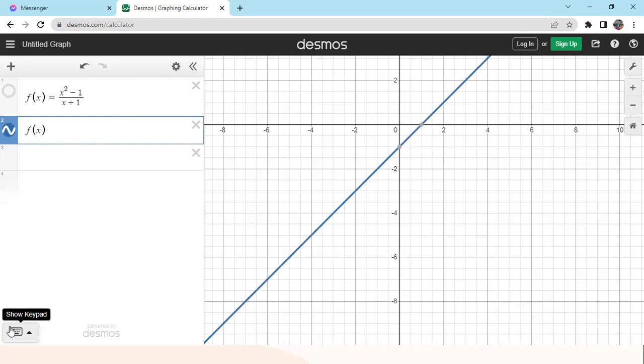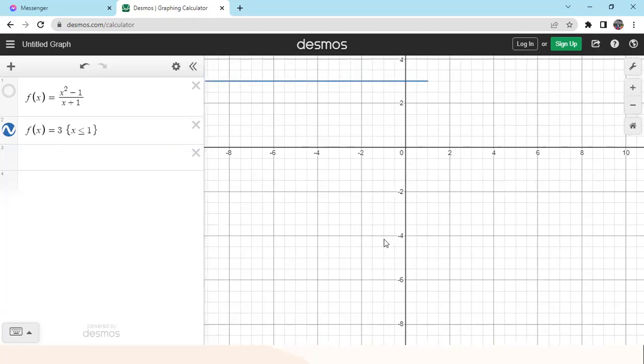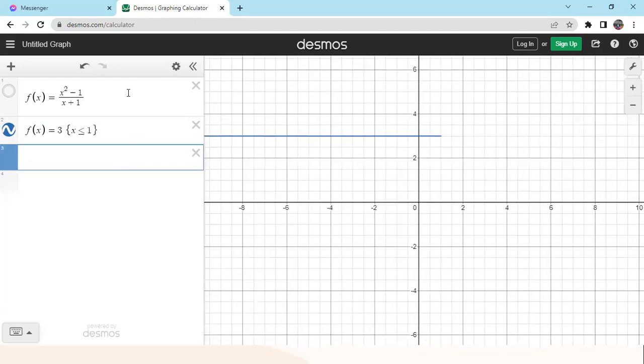Okay, so for the first condition, we have 3 and then bracket, for x is less than or equal to 1. Okay, so that is for the first condition.